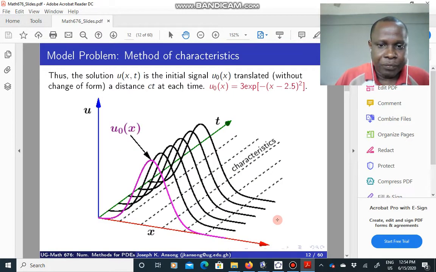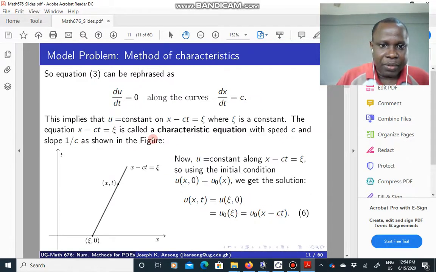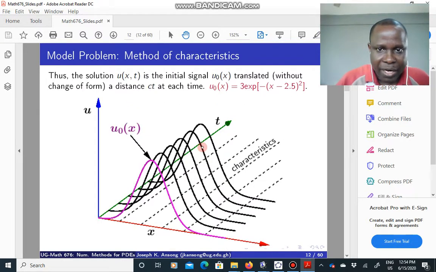Now, what does it mean? Note that we just said du/dt is 0, the total derivative is 0, so u is constant, it's not changing with time. What it means is that whatever shape it takes initially is just going to translate with a distance of ct. This is what I illustrate here.